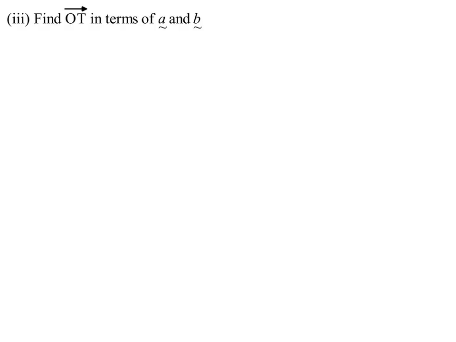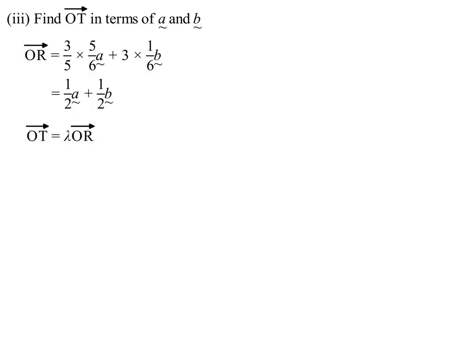Find OT in terms of A and B. All right, so I can find an expression for OR now because we know that k is 1/6. If I substitute that in, I get a half A plus a half B. OT is just some multiple of OR, since they lie on the same line, same idea.